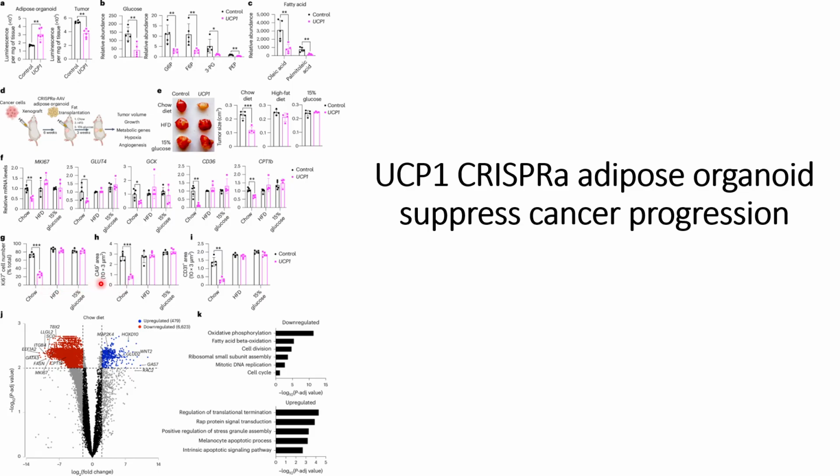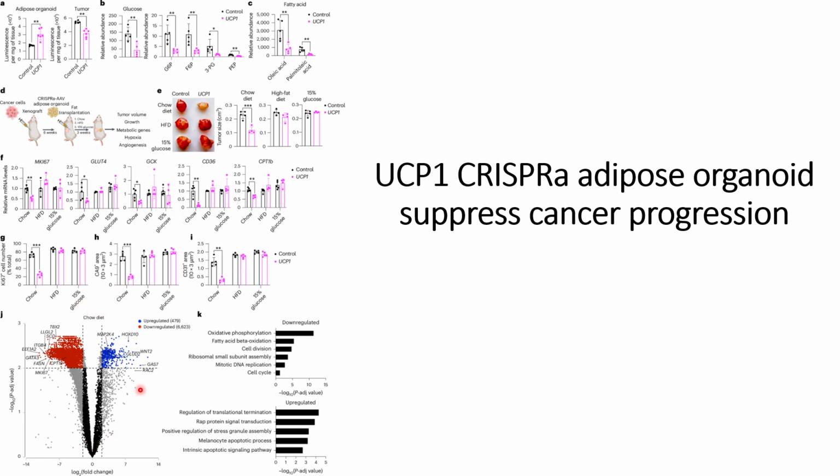And CA9, which is the marker for hypoxia, also goes down in the CHO. And CD31, which is the marker for microvessel density or angiogenesis, also goes down for the CHO but not for the other conditions. So these results are also consistent with their cancer proliferation markers and tumor size data.